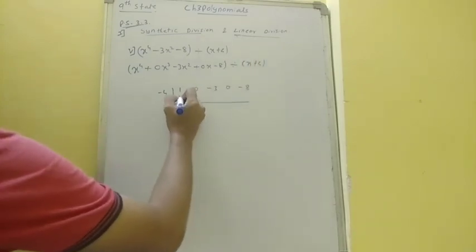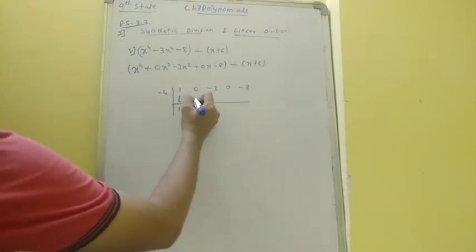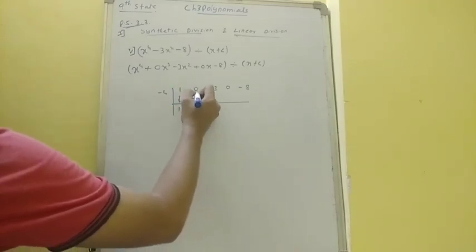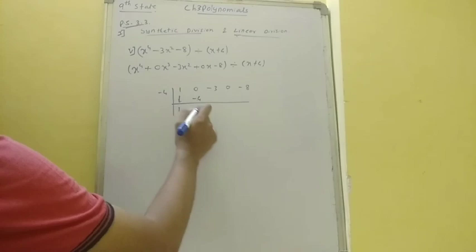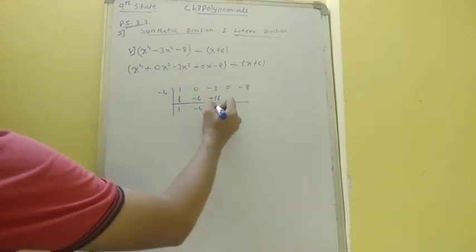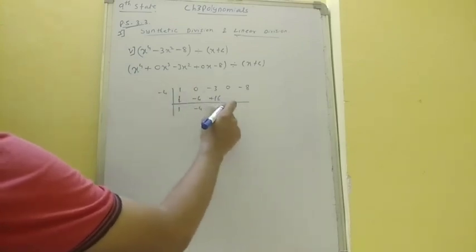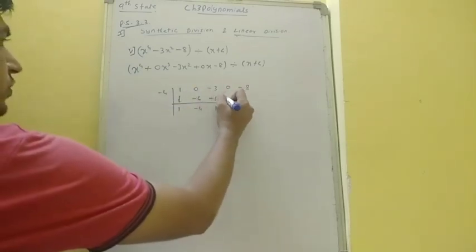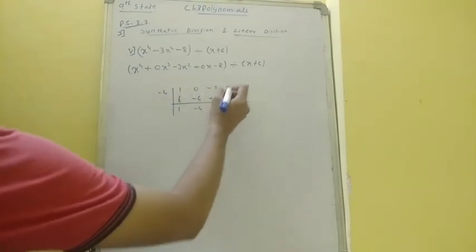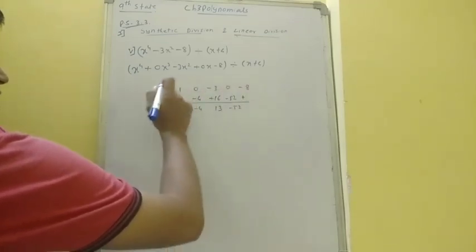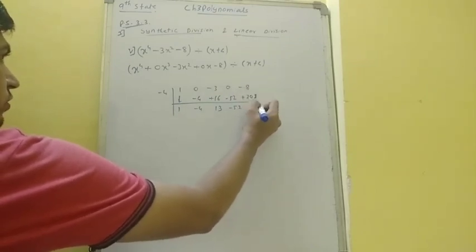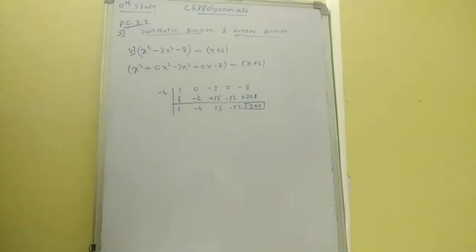Okay, first one is as it is. Minus 4 1 is minus 4, minus 4 as it is, minus minus plus 4 4s are 16, 16 minus 3 is 13, 13 4s are minus 52, minus 52 as it is, minus minus plus 52 4s are 208, and when we solve this we will get 200 as the remainder.